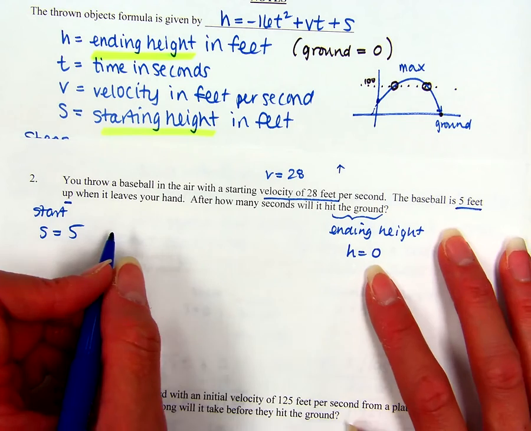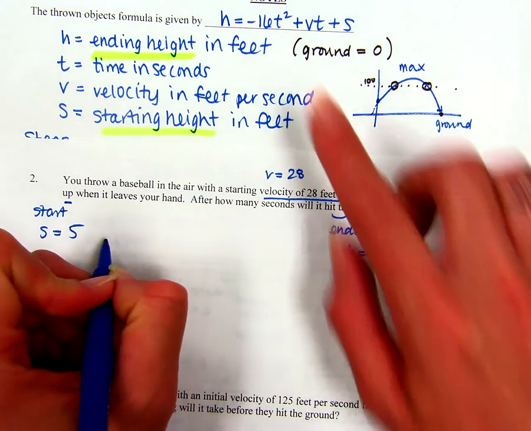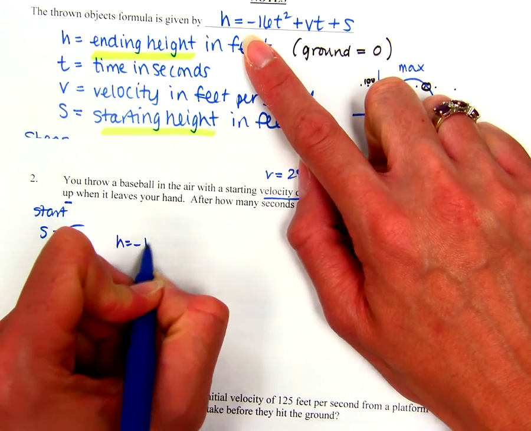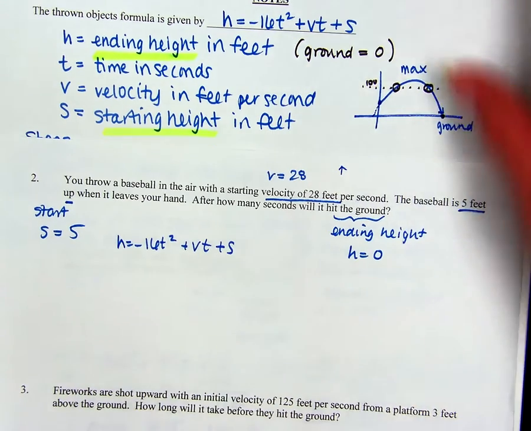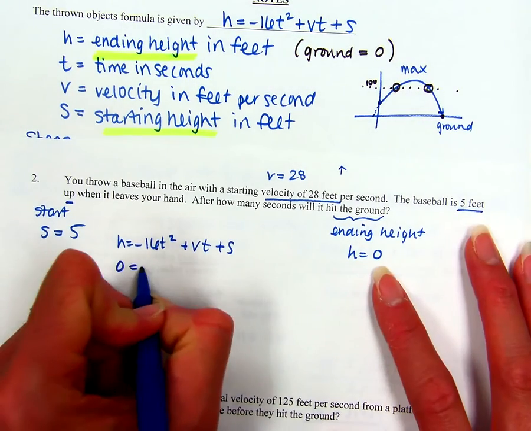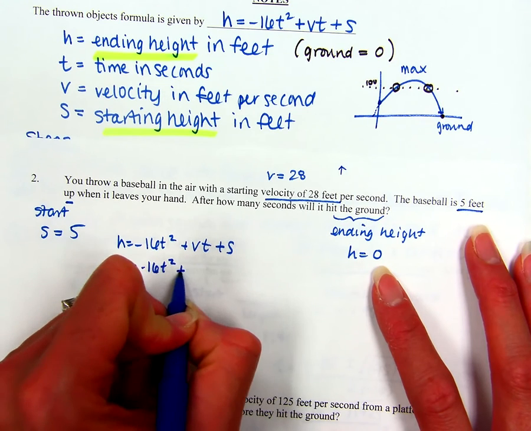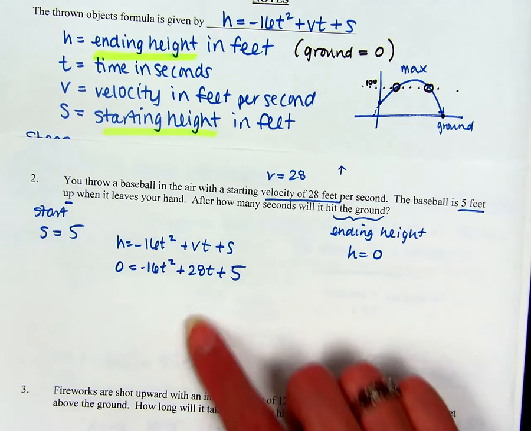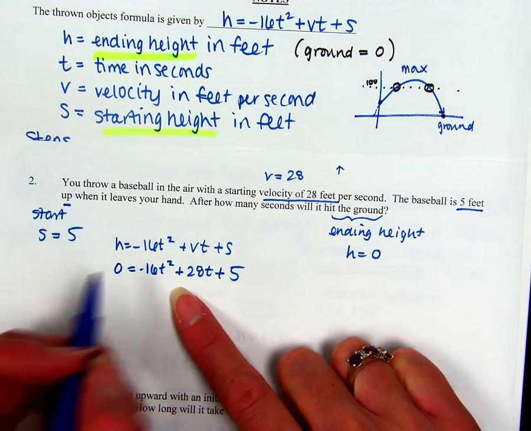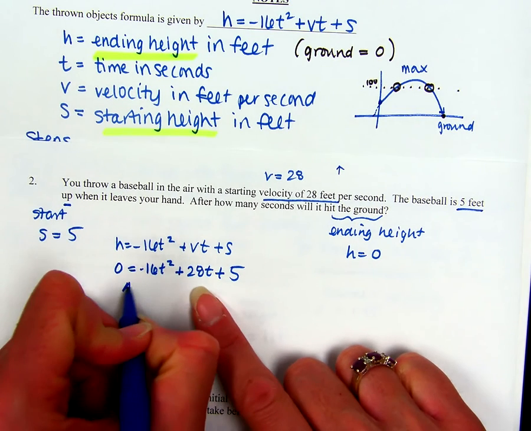This is what you're going to see probably most often. So we've got h equals negative 16t squared plus vt plus s. Okay, so 0 equals negative 16t squared plus 28t plus 5. All right, it already is in standard form, so since there's an a, b, and c, we're going to do the quadratic formula.